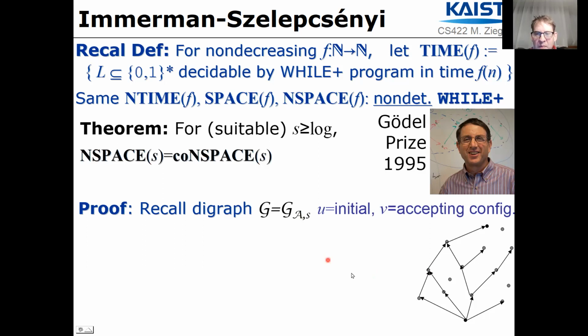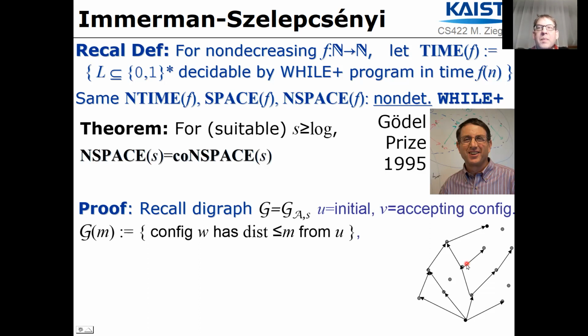This is a unique starting configuration, that's here in bold. This is the unique accepting configuration. And there are many intermediate configurations. There are also configurations which cannot be reached at all during the computation. The graph, remember again, has exponential size, exponential in S.